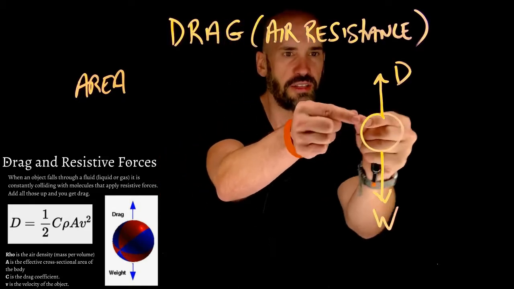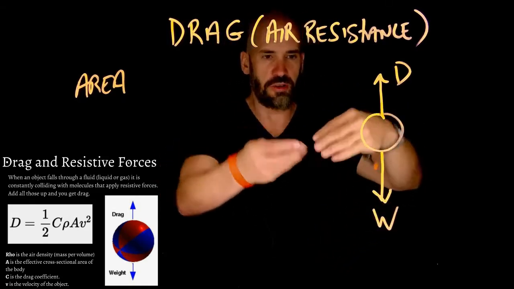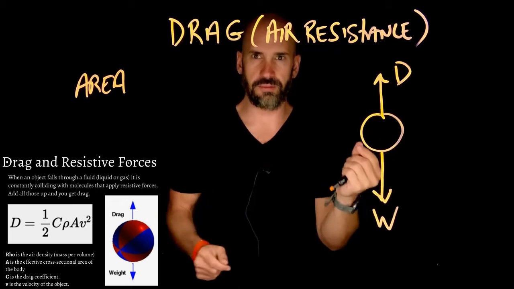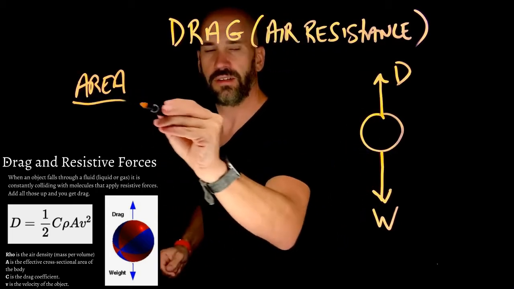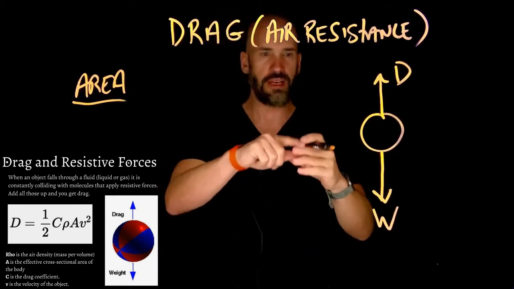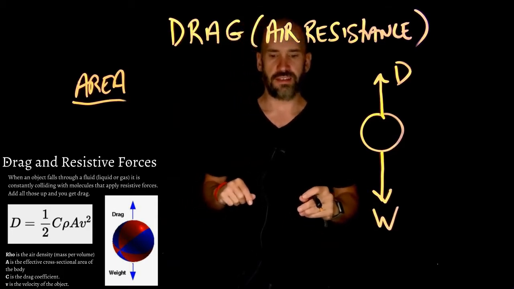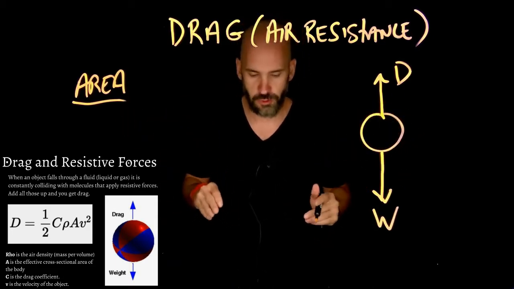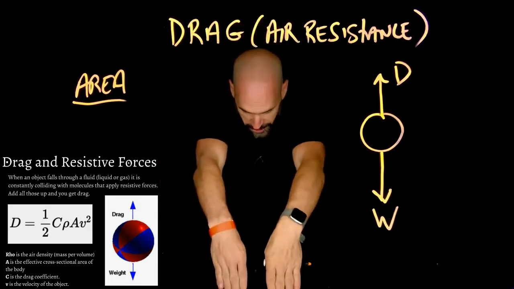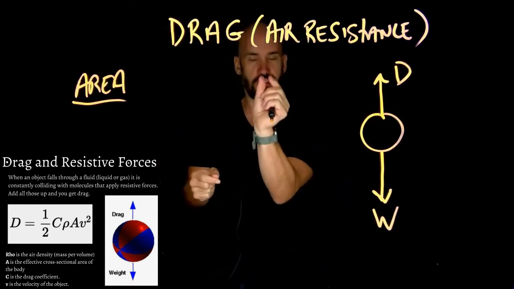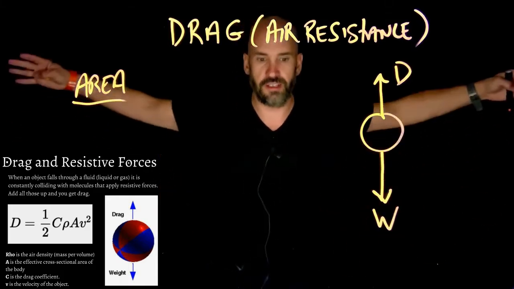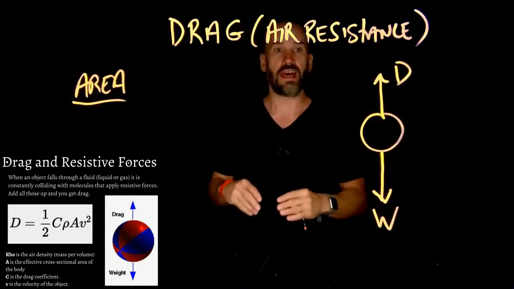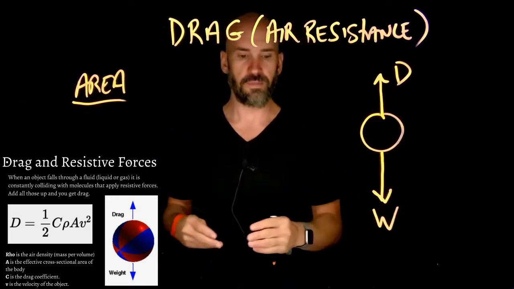If this thing is really small, like a little pebble, it's not hitting as much air as it's going down. So the area is important. We see this when we see skydivers jump from planes. If you jump in this position, you're making your cross-sectional area very small, whereas if you're doing a belly flop situation, then there's a lot more resistance.